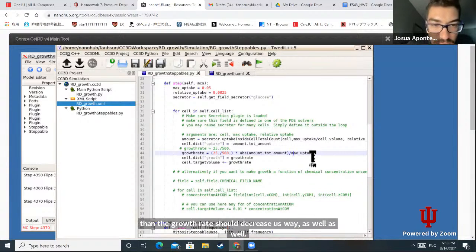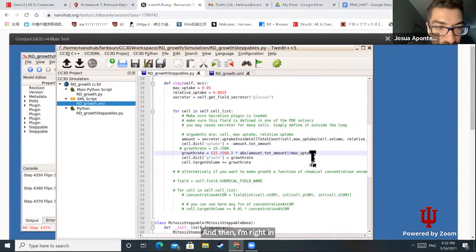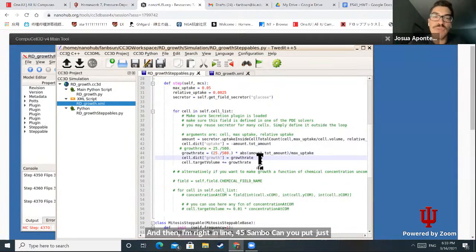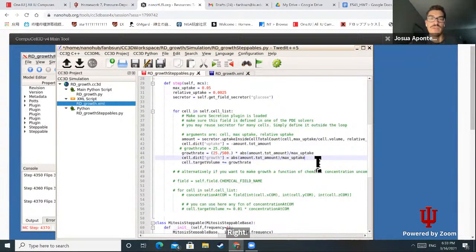And then in line 45, Fambo, can you put just the term after the star, the absolute over the max uptake? Yep, this is fine.